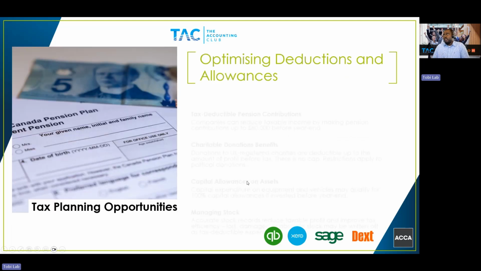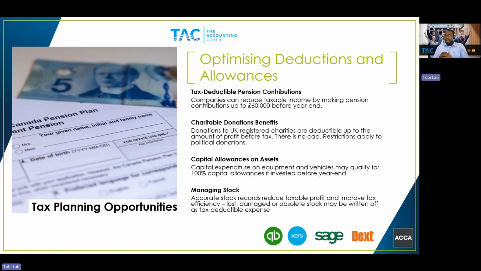Moving on, let's talk about how to optimize deductions and allowances, which is the tax planning opportunities that we want to quickly talk about here. As a limited company, you could consider putting money into a pension, and that is up to £60,000 per year.